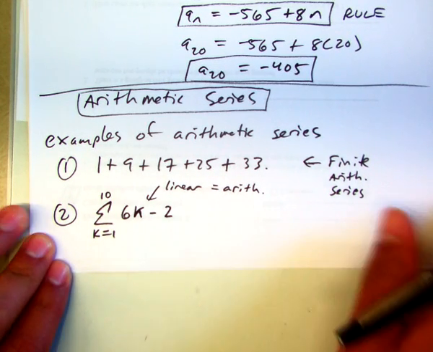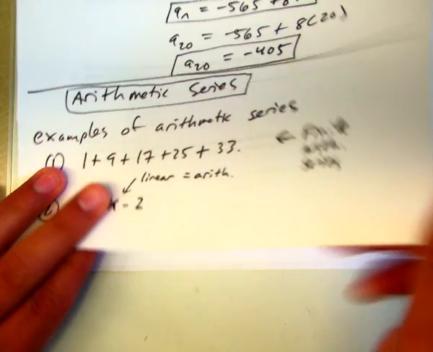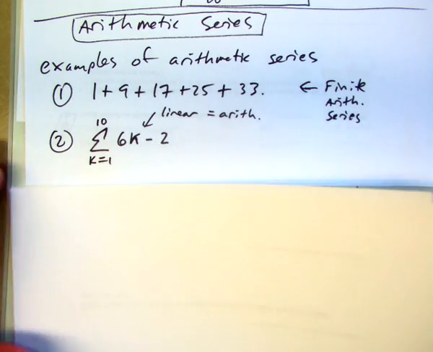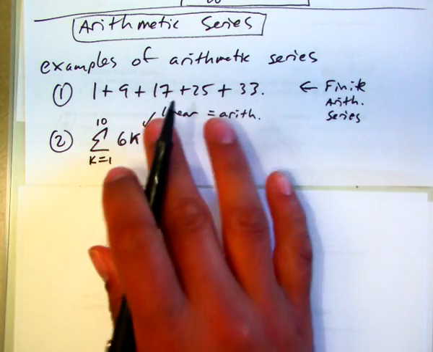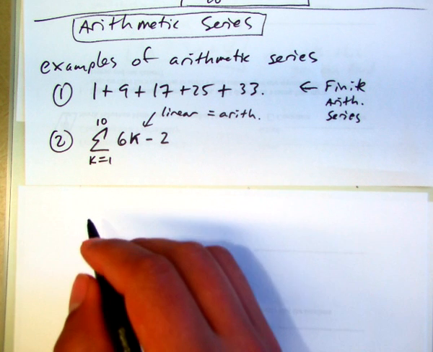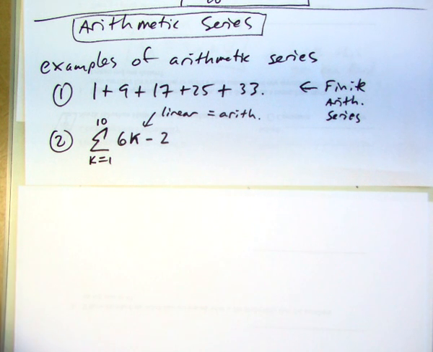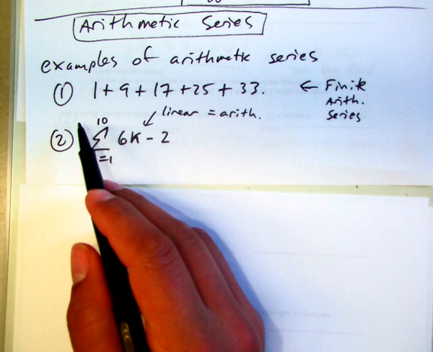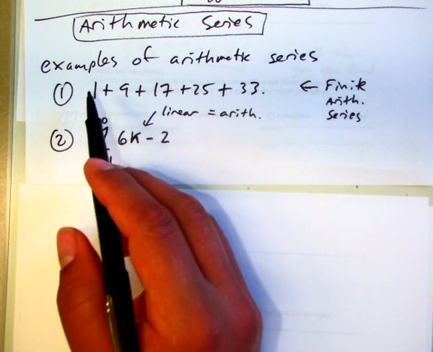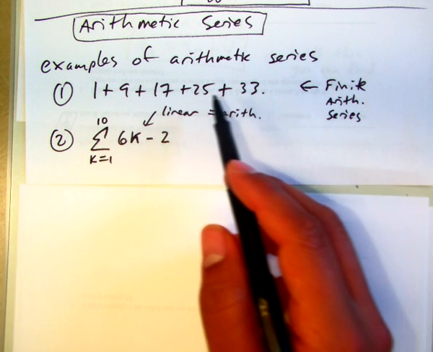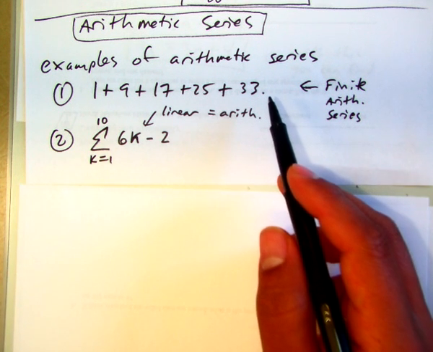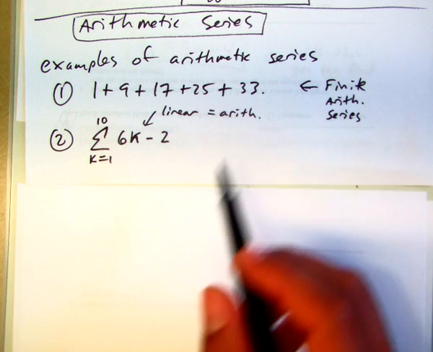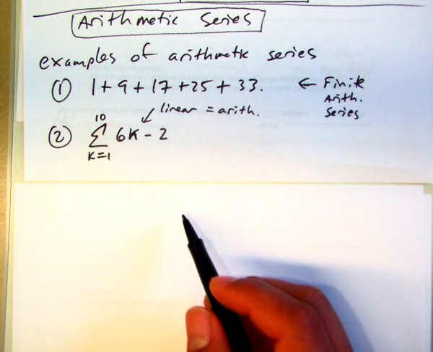And now your job is going to be to go ahead and compute what these series actually equal. So there's the hard way, which typically would involve actually adding all the numbers up. And then there's an easy way, which involves a shortcut, a formula that you can use that always will work.